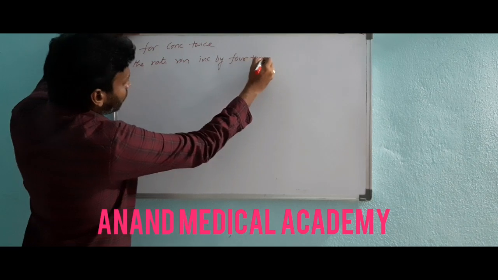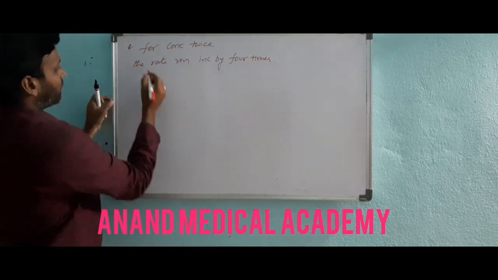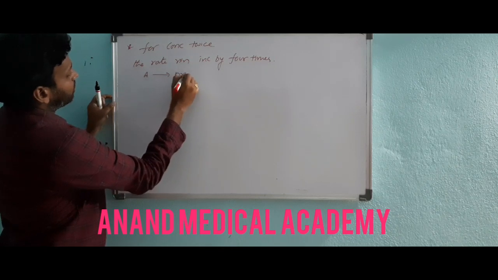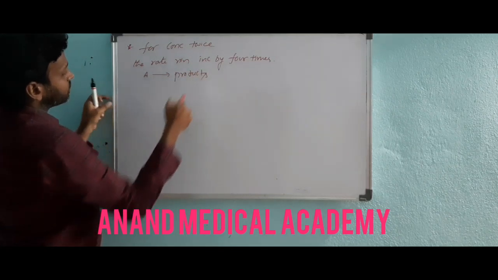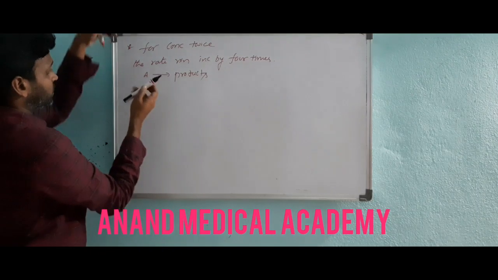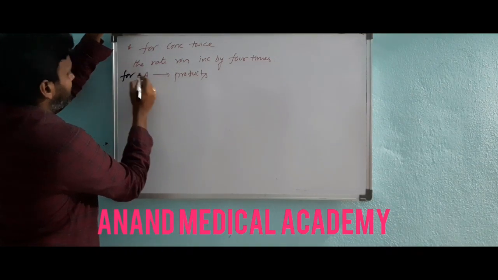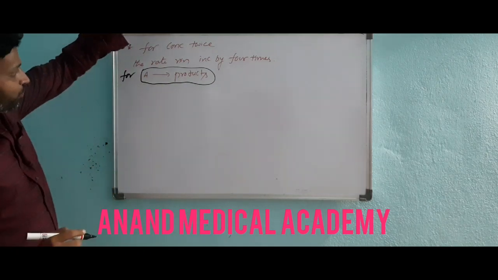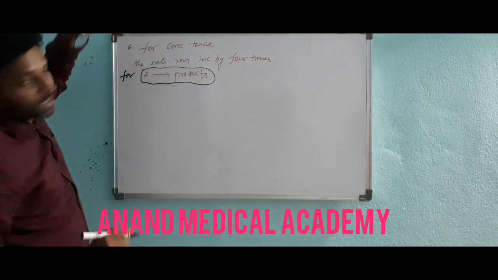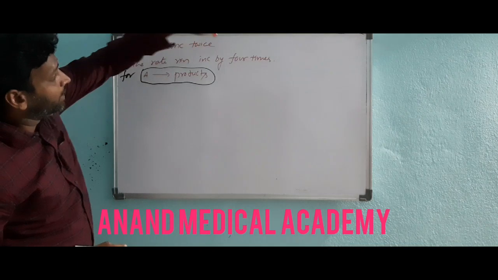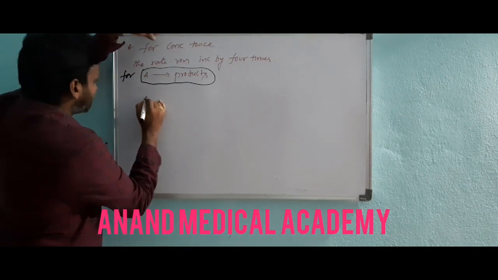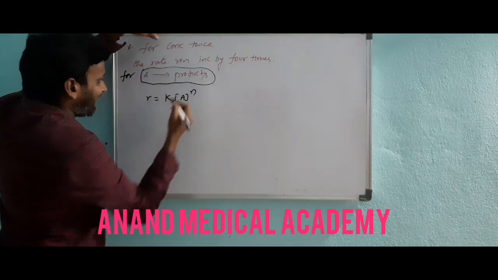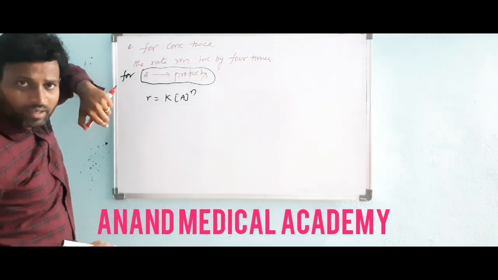For a particular reaction, A gives rise to some products. If concentration doubled, the rate became 4 times. So what is the rate? R is equal to K into concentration of A power n. Getting what I am saying?